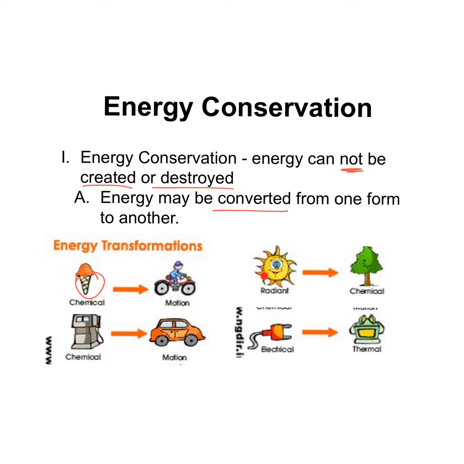We have energy that's produced from the sun due to nuclear reactions, and that energy released in that nuclear reaction is then used by the tree, or any plant, to grow. And when we plug things in, we have electrical potential energy, which is converted into thermal energy, which heats up our bread and produces toast. So we're not creating heat from nothing, we're using electrical energy to create the heat. So we're converting it, not creating it.